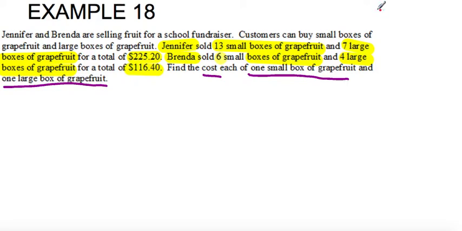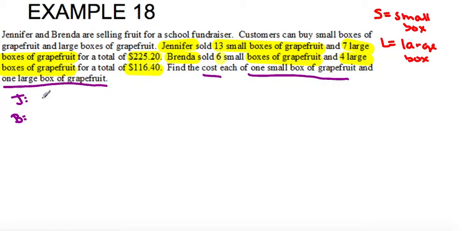We're going to call S the cost of 1 small box of grapefruit, and we're going to call L the cost of a large box of grapefruit. Now to set up the equations, we know Jennifer is going to have an equation, and Brenda is going to have an equation.